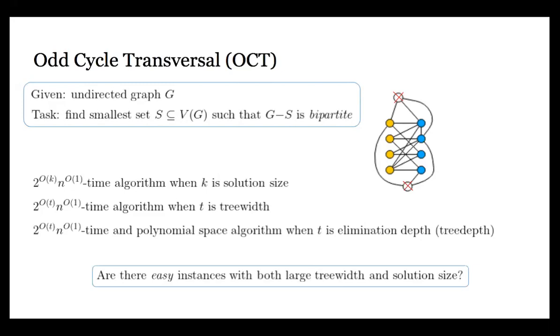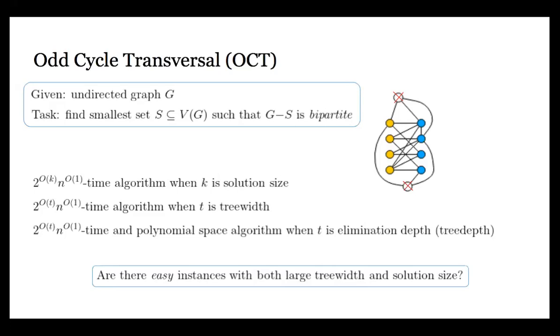Or are there some more easy instances, some more tractable instances with both large tree width or some other graph measure and large solution size? Or equivalently, can we find a parameter which is smaller than all of these and the problem would still be FPT?